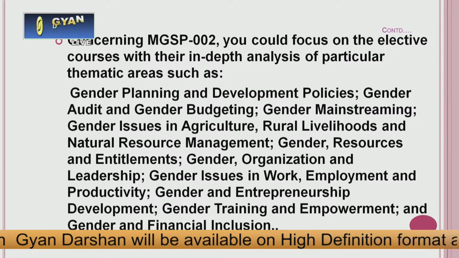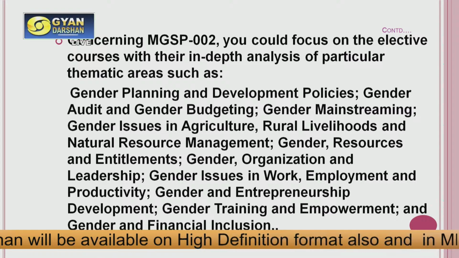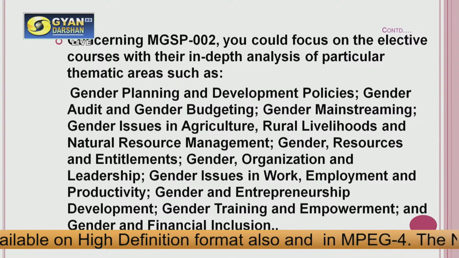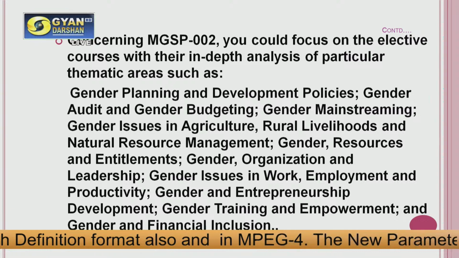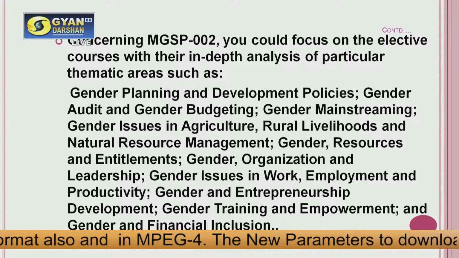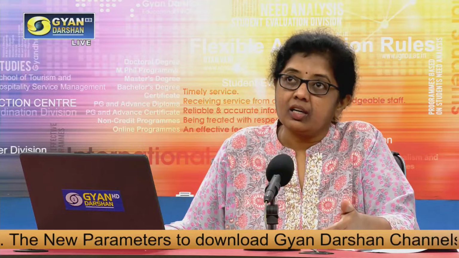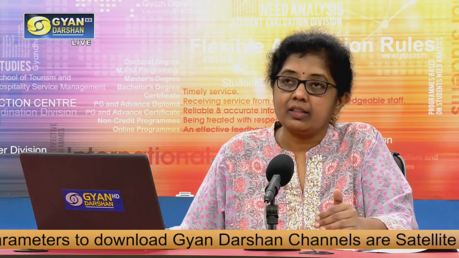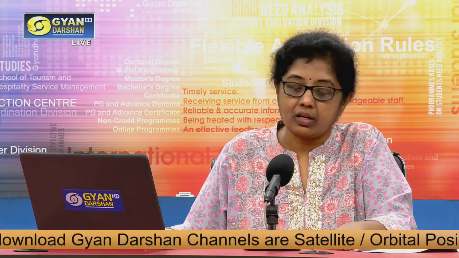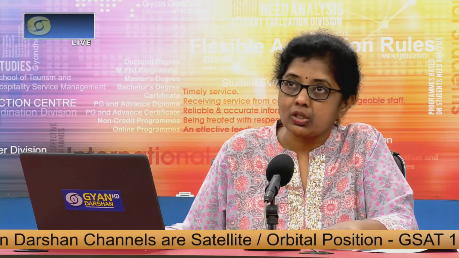And in the first year itself, we have introduced research methodologies in gender and development studies. After completing the first year and MGSP 001, when you move to the second year, there are 10 elective courses. So in the first year we have introduced the overall discipline of gender and development studies.